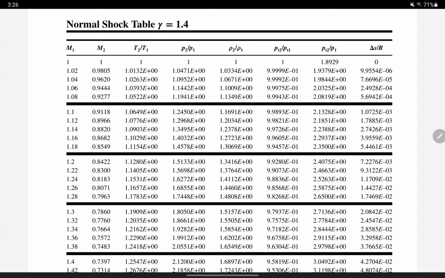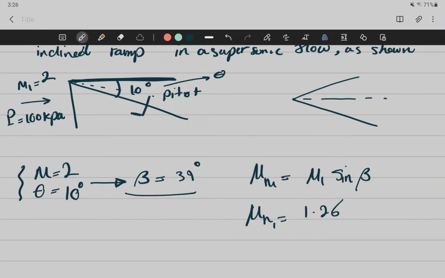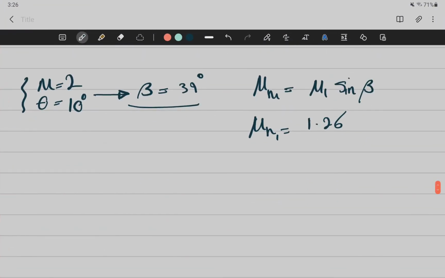Does this mean we have subsonic flow after this oblique shock wave? Still no, because this is MN2 from the tables. This is the normal component of the shock wave downstream, right?